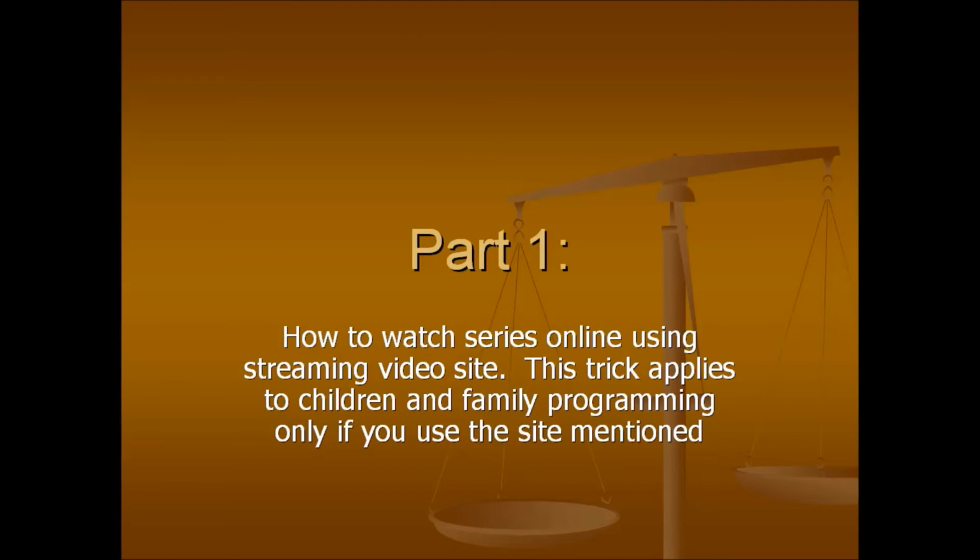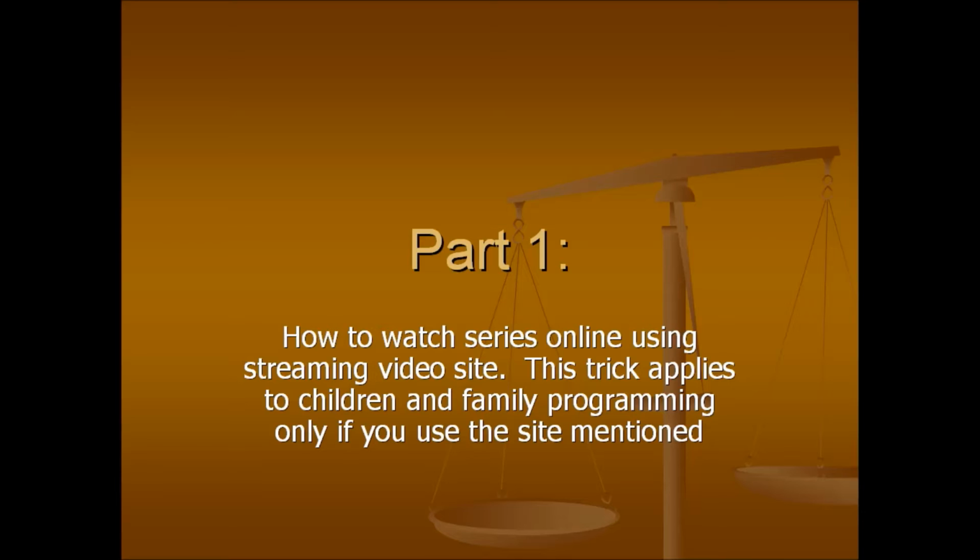Part 1. How to watch TV series online using a video streaming website. Please note that this trick applies only to children and family programming if you use the site mentioned, meaning that if you want to watch something like The Walking Dead or Lockup or Cops or reruns of America's Most Wanted or 15 and Pregnant or things of that nature, you're going to need to find another site.